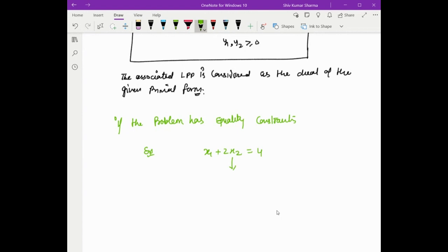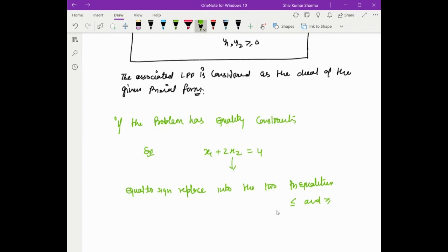So the equal to sign is replaced by two inequalities, one is less than and the other one is greater than.